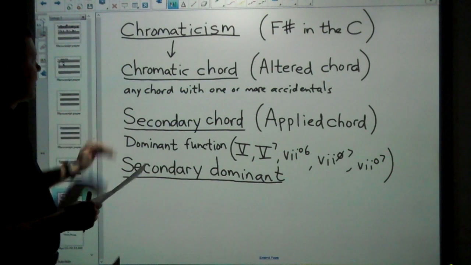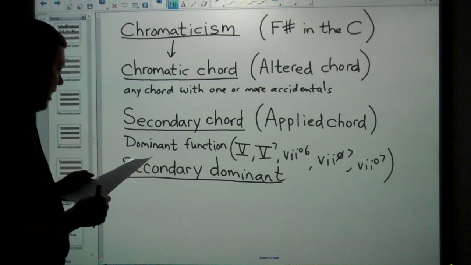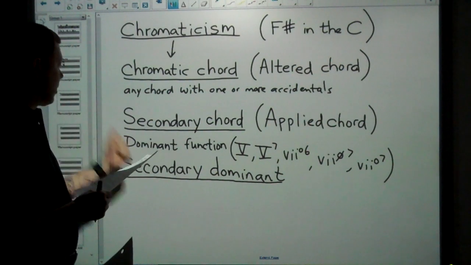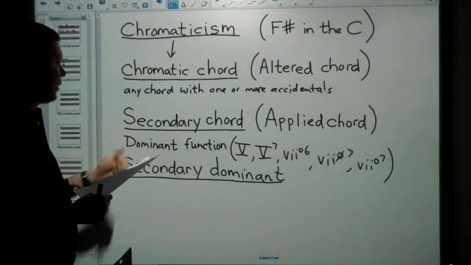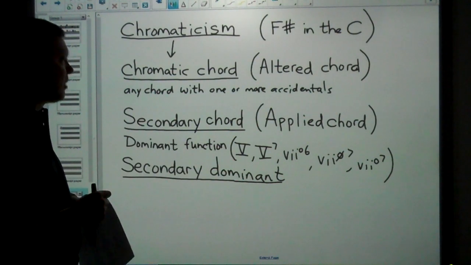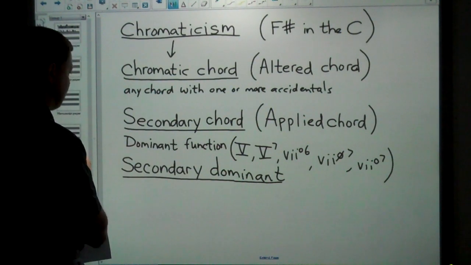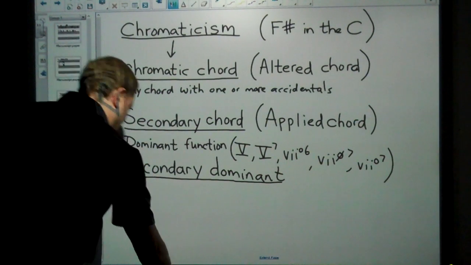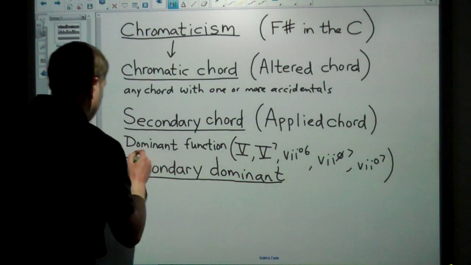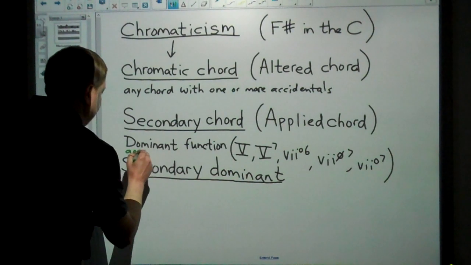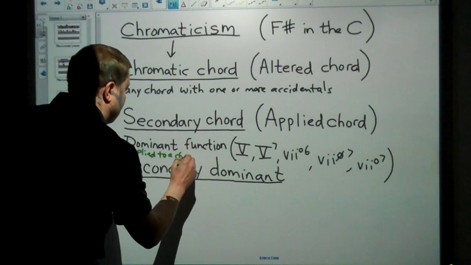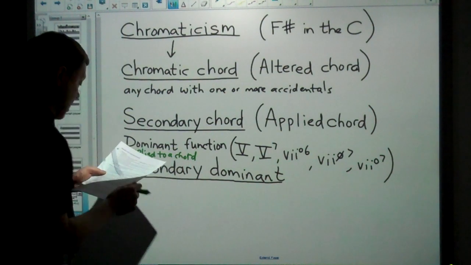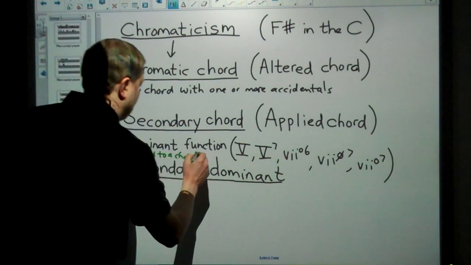Now, the other part of the definition for a secondary chord is that not only does it have to be a chord with dominant function, it applies its dominant function to a chord other than tonic. Let me see if I can squeeze that in here. Maybe I'll use a different color. I'll write in here, this dominant function is applied to a chord that is not tonic, or a chord other than tonic.